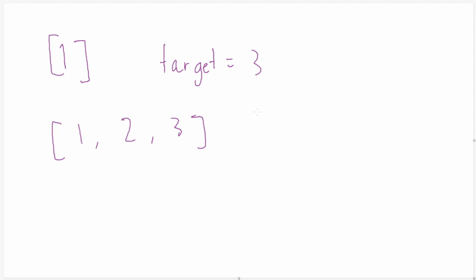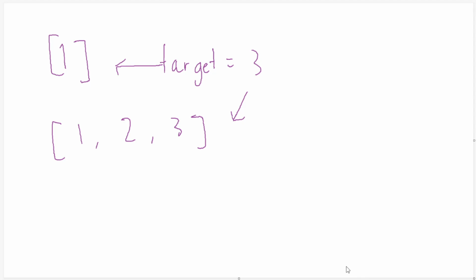Say we have a target equal to 3. Say we have 1, 2, 3. Maybe the target is actually the same for both. I'm just worried about handling the middle index properly.